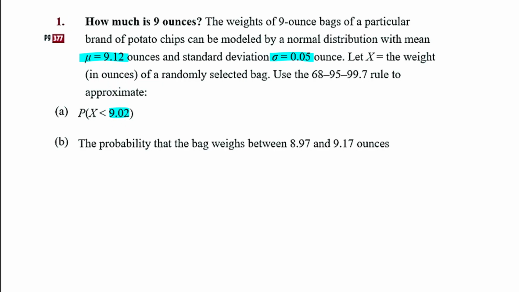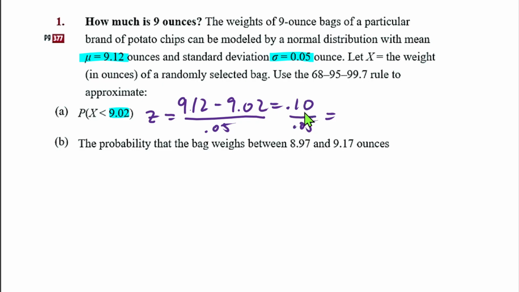Well, let's actually calculate it and see. So we take the mean, 9.12, minus the x value, and we're going to get 0.10. We could even turn this into a z-score: the x value minus the mean divided by the standard deviation.